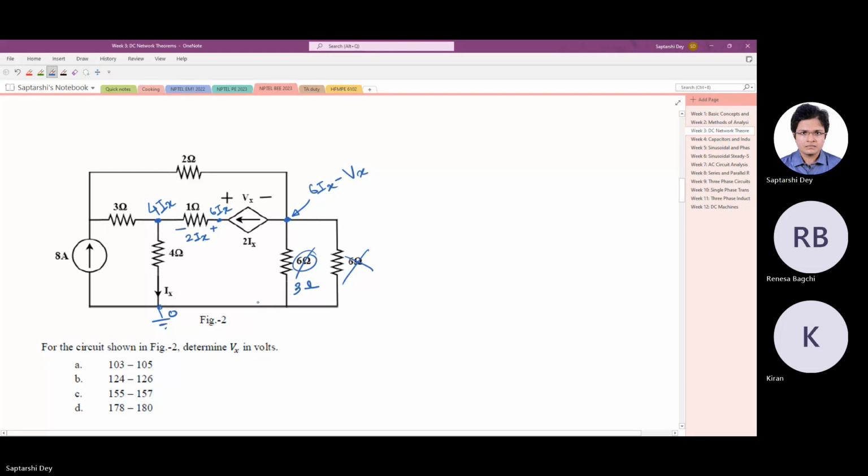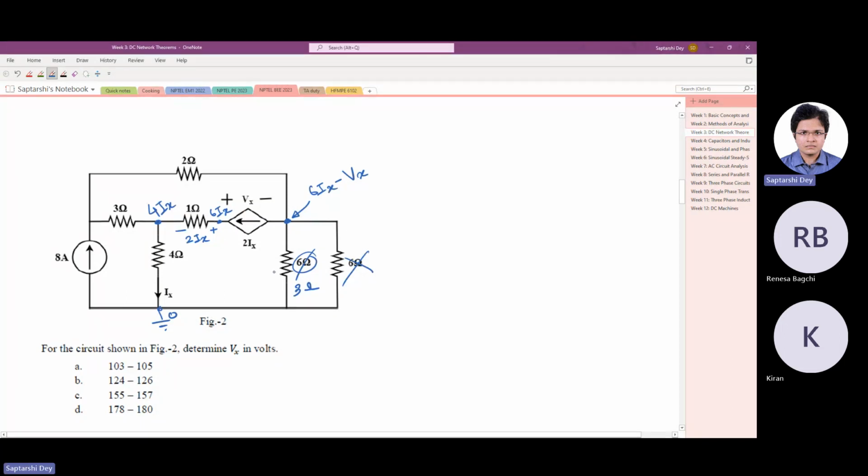Now if this is at 6Ix minus Vx, then what? We can find out this current.